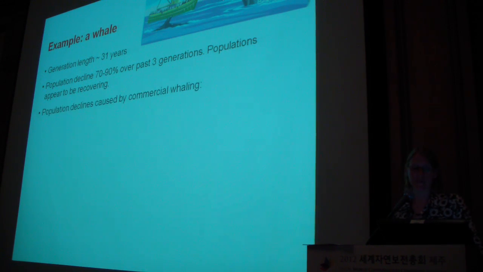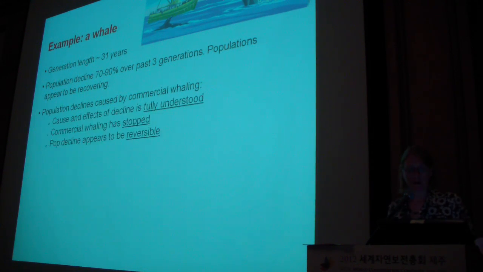The causes of those declines have been commercial whaling. It's been fully understood, it's very clear that the commercial whaling has caused these declines, but measures have been put in place to stop the whaling practices in the past 10, 20 years. And now the population decline is being reversed. The population is starting to recover, it's actually improving now.